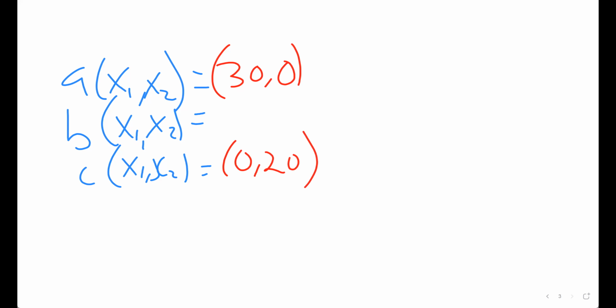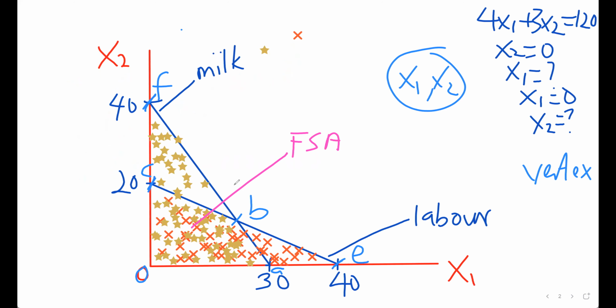Now, if I ask you to tell me the coordinates of B, let me show you here. The only way you could read the coordinates of B is to go to B, draw a line downward, and then go to B again and draw a line across.